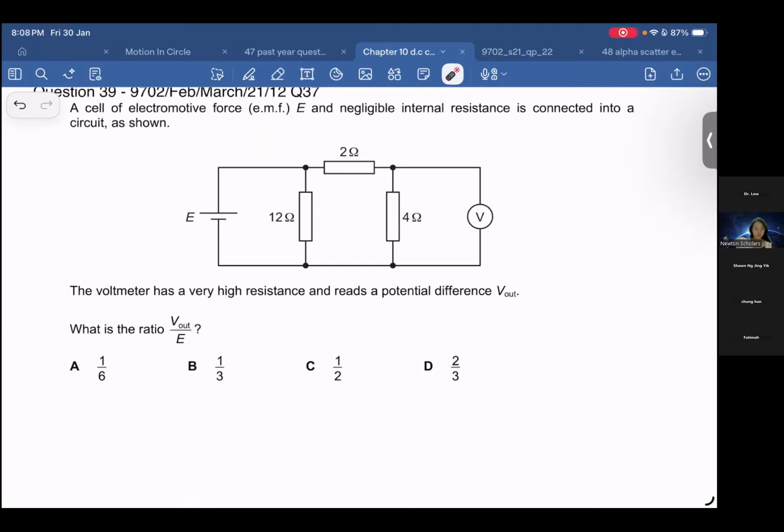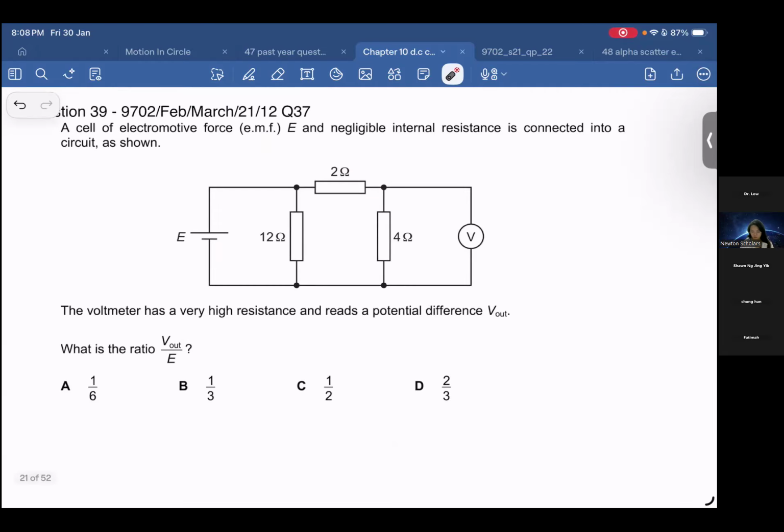Chonghan, yes, good job. You are very good in physics, or you are very good in electricity. Dear, here. Any of you able to get the answer? I can redraw the circuit and give you some hints.